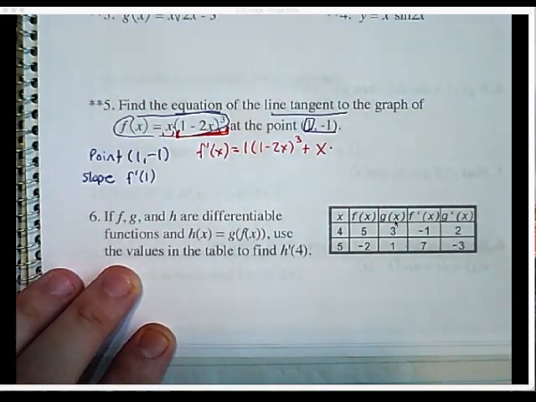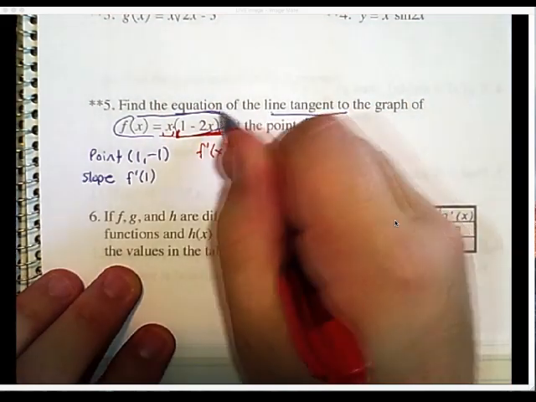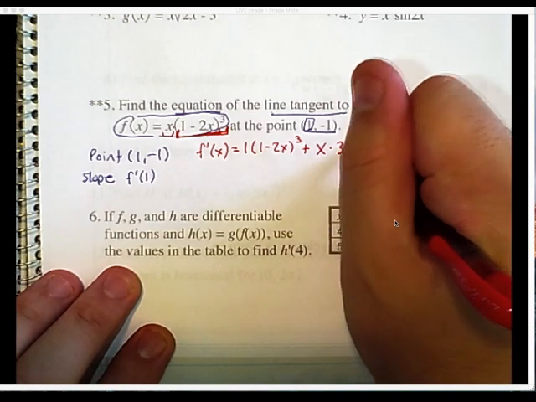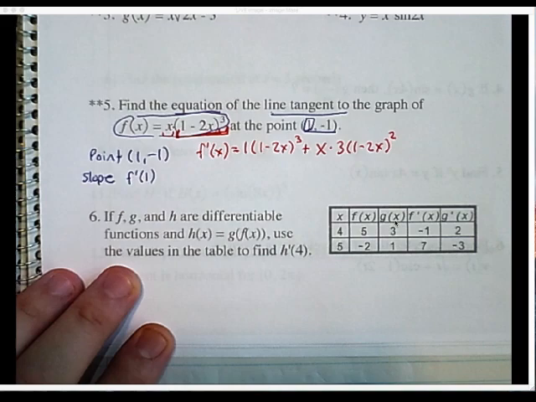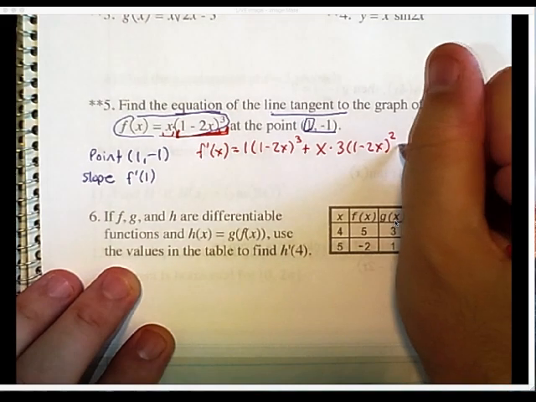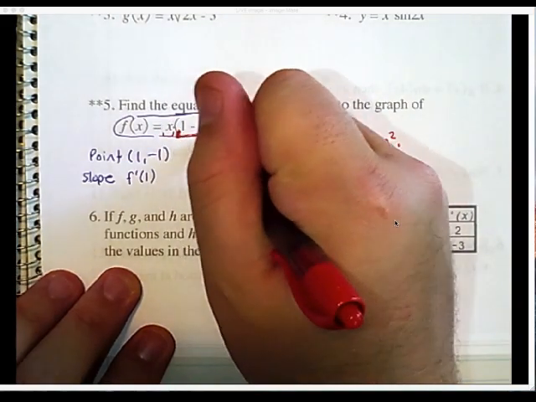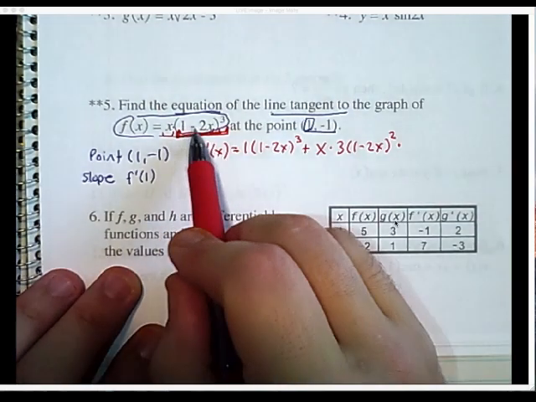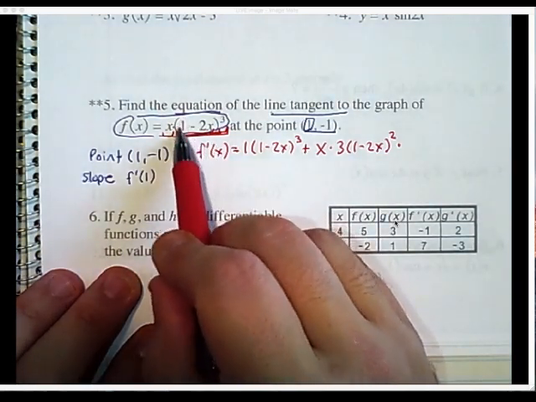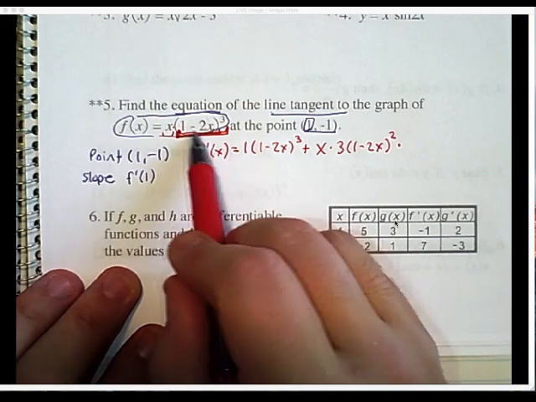So what would the derivative of all that be? The 3 would come down, the parenthesis stays the same, the power gets reduced by 1. But now I have to multiply that times the derivative of the inside. So the derivative of 1 minus 2x, the derivative of that would just be 0. The derivative of this would be -2.